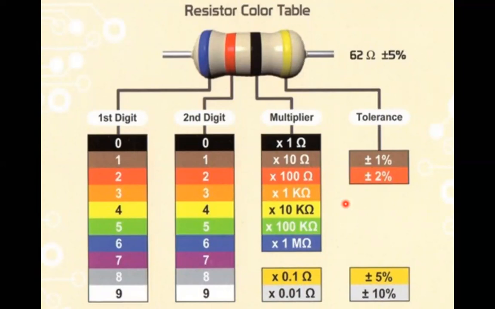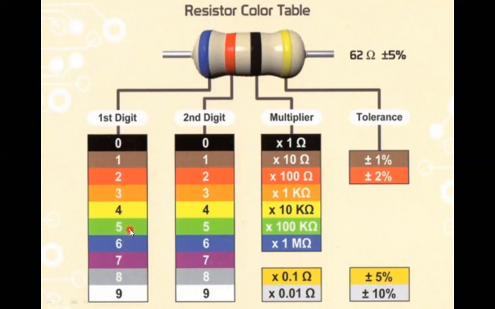Any resistor will have three strips on one side, and another strip on the other side, which can be made of gold or silver. So how is the color coding done? This is the first digit, the first color, with 0, 1, 2, 3, 4, 5, 6, 7, 8, 9.